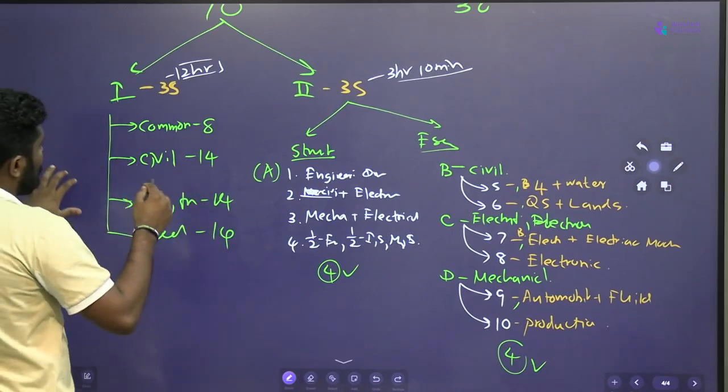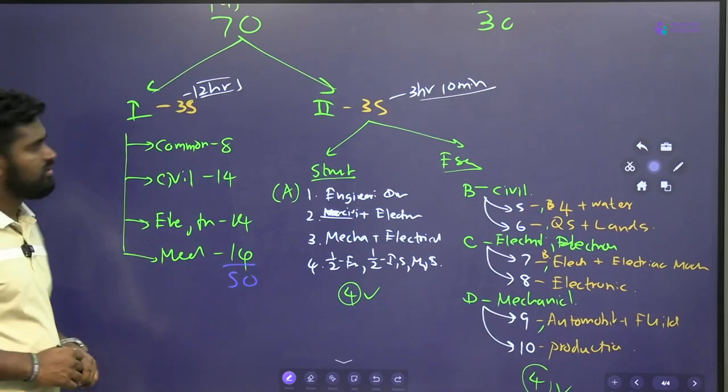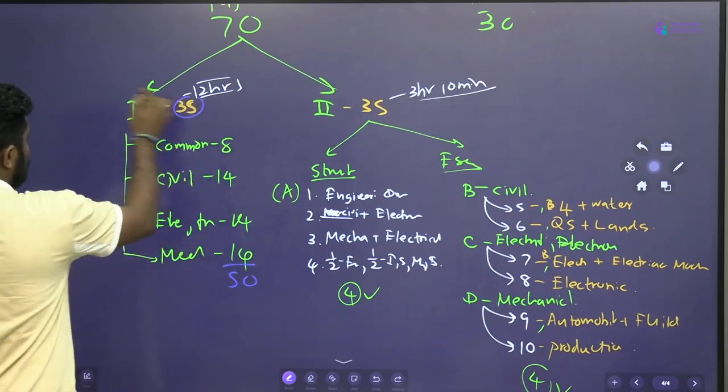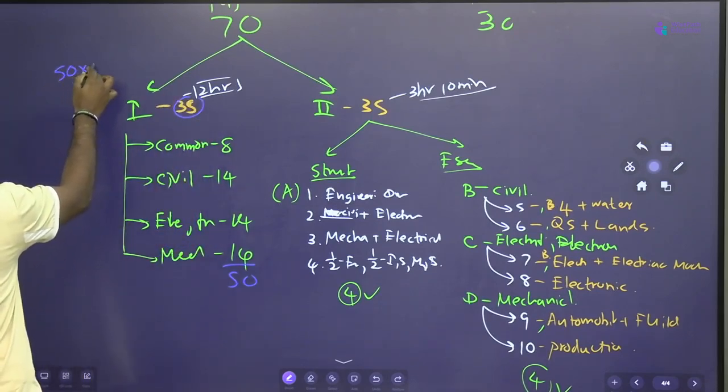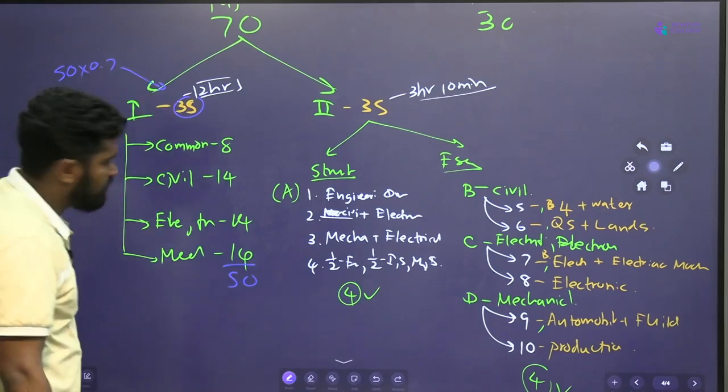Then we have to do 50 MCQs, no. Yes. But they are giving only 35 marks. So how does it work? 50 into 0.7 is 35.